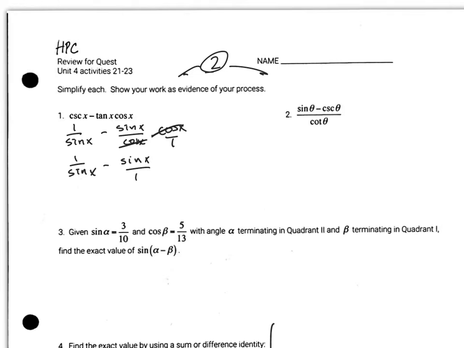So we'll multiply that second fraction by sine of x over sine of x. This will result in 1 minus sine squared over sine when we put those 2 fractions together. 1 minus sine squared is cosine squared, and there's not much you can do with this.